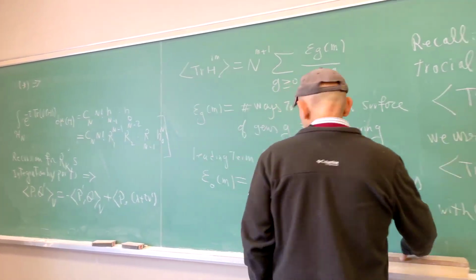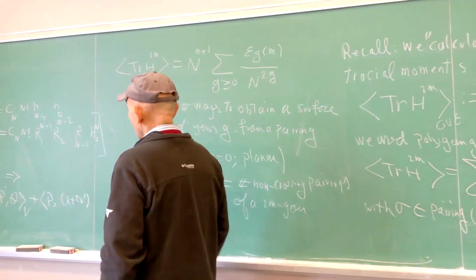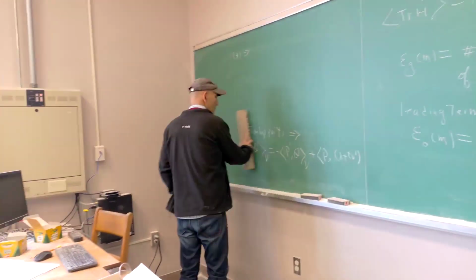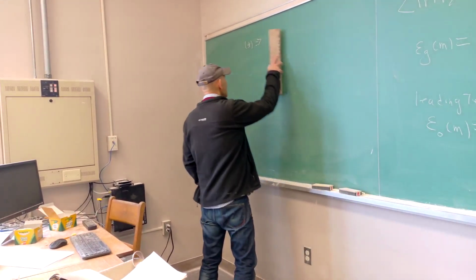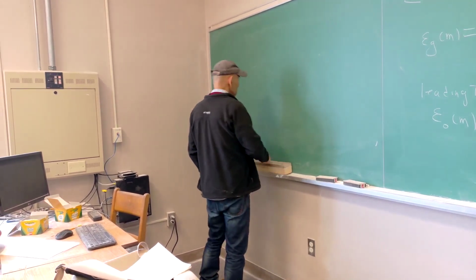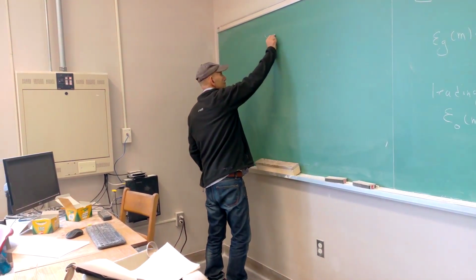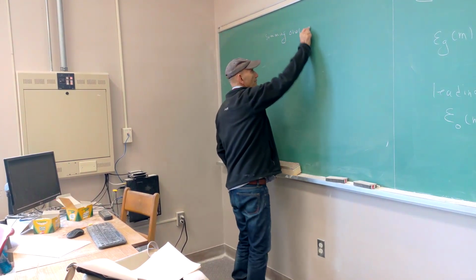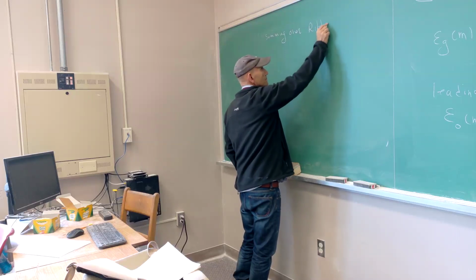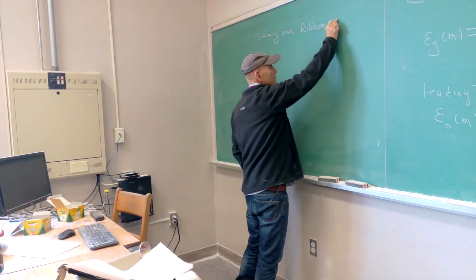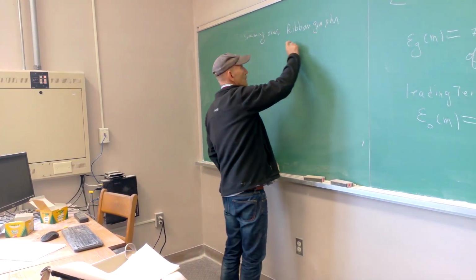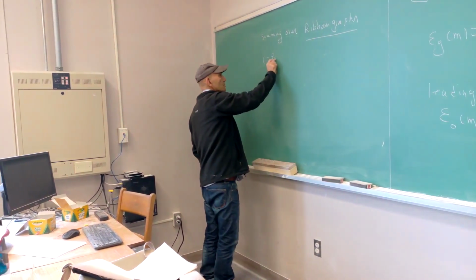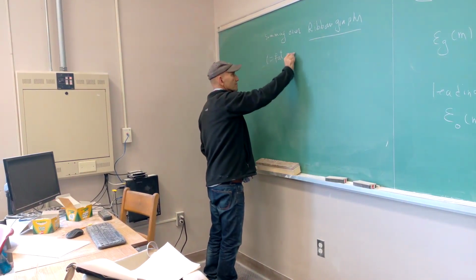Okay, so now summing over ribbon graphs. There's another name for it, also fat graphs.